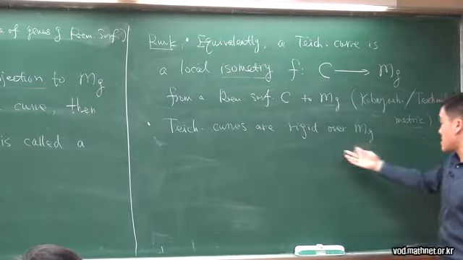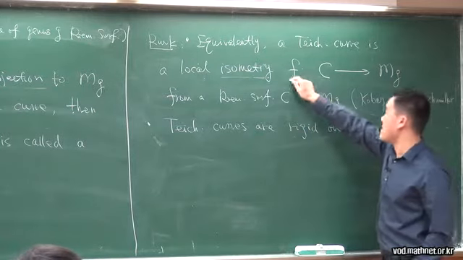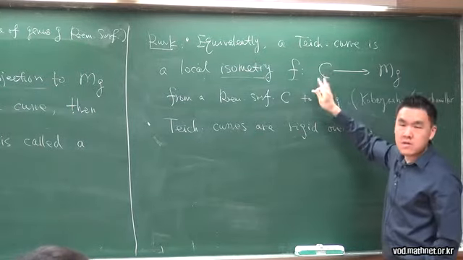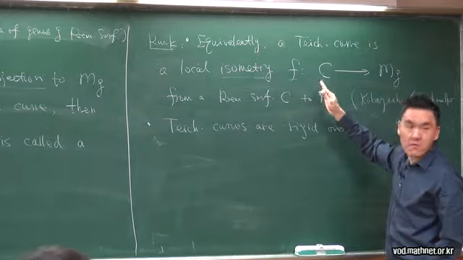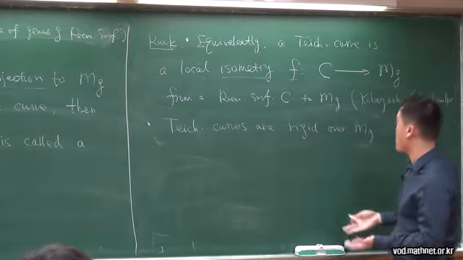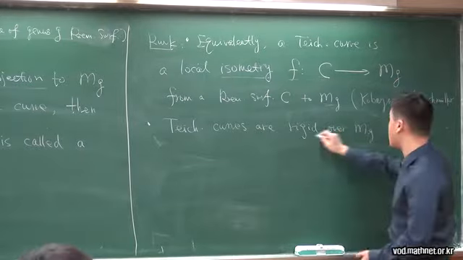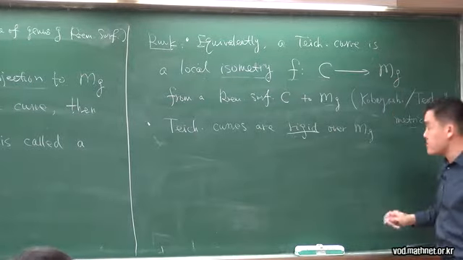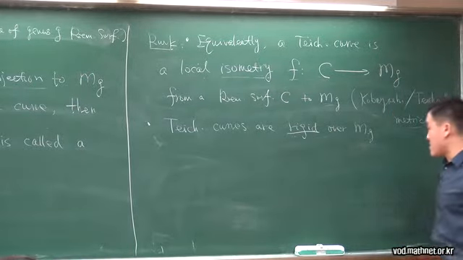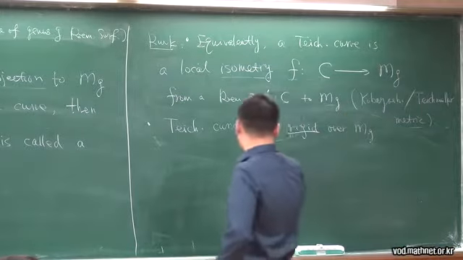Here the rigidity is in the sense of maps. That means this local isometry, as a map, does not deform. You cannot find a non-trivial family of maps with this map as a central fiber. It's rigid.